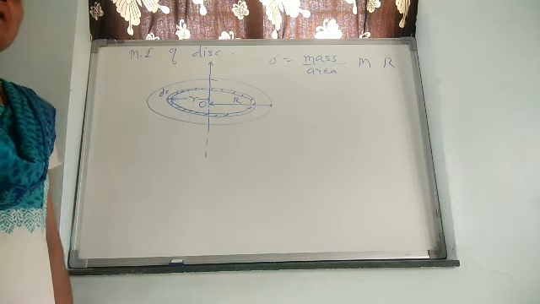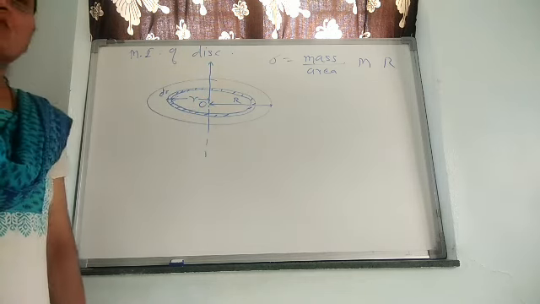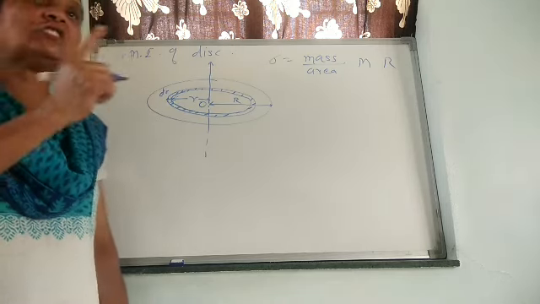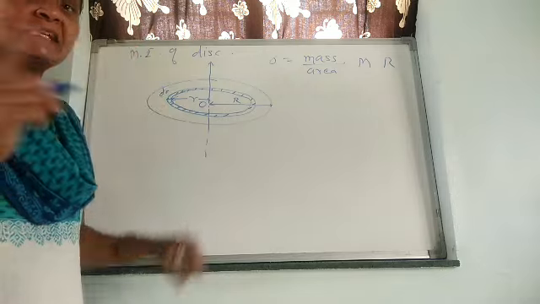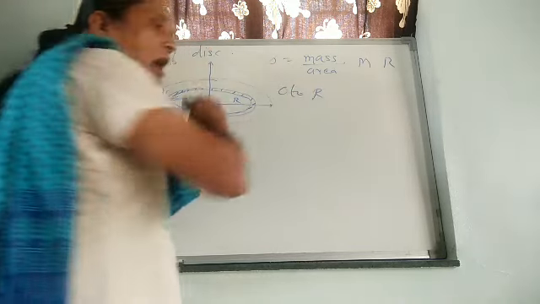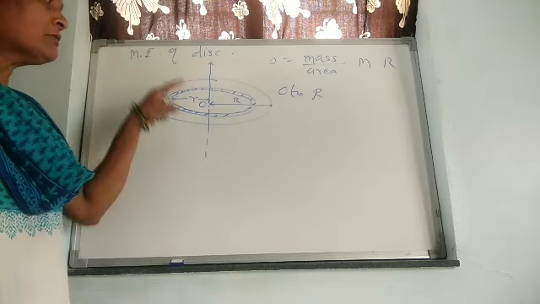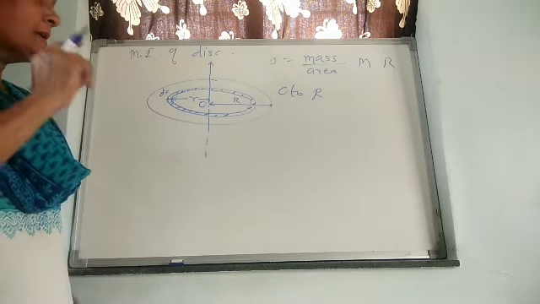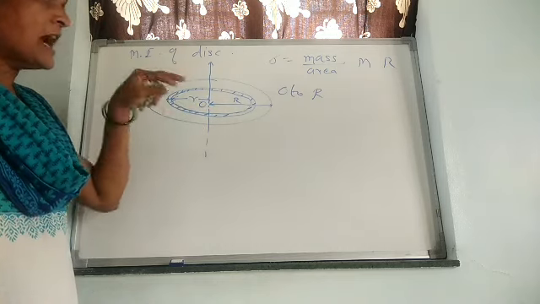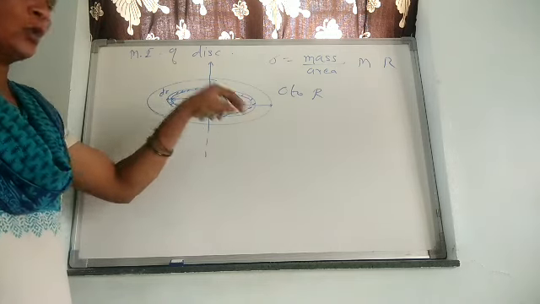When you say that this disk is uniform, the disk is made up of a number of thin concentric rings whose radius ranges from 0 to R. Out of that, we have considered one ring whose thickness is dr and which is at a distance r from the axis of rotation.